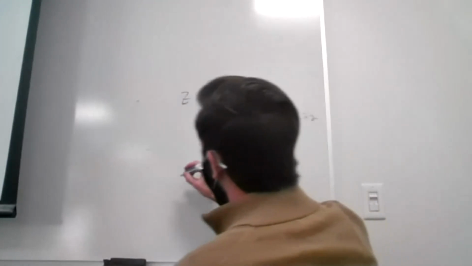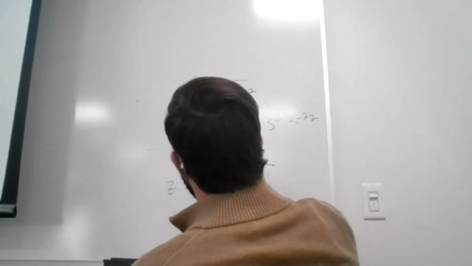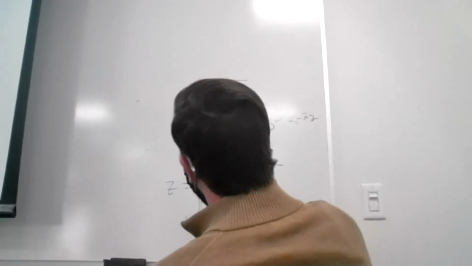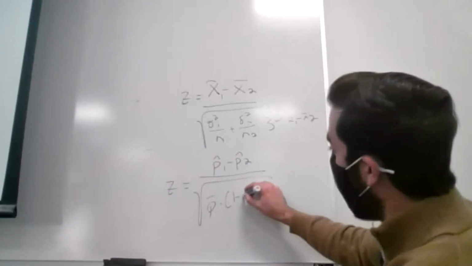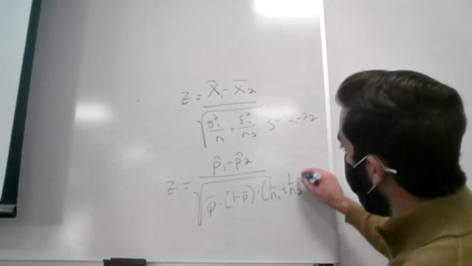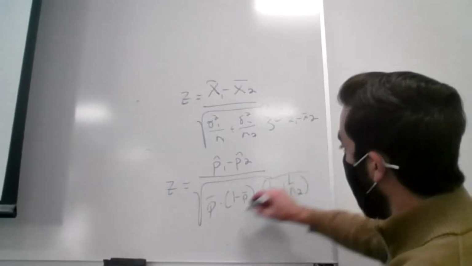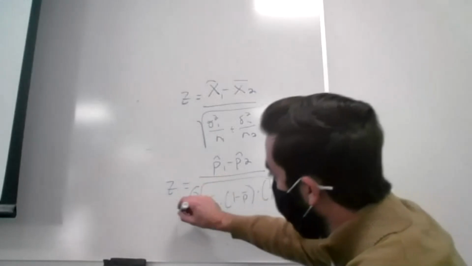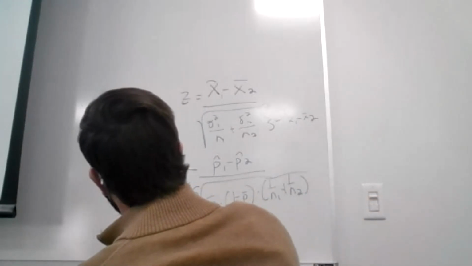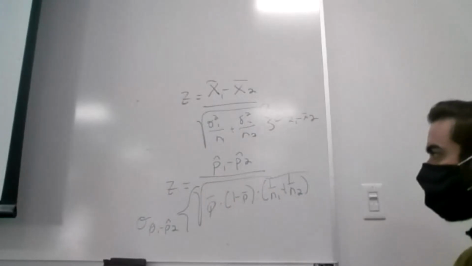Now we have this goofy guy when looking at the difference in proportions: p bar times 1 minus p bar times 1 over n1 plus 1 over n2. This still represents a standard deviation, in fact the standard deviation of the statistic we're interested in.